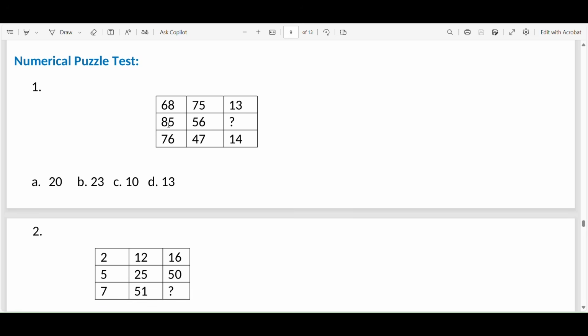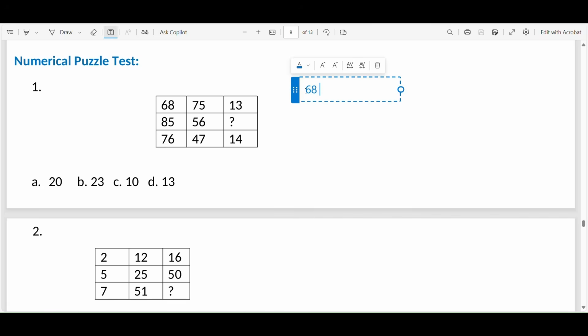Next, let me try adding both of them, 68 plus 75.